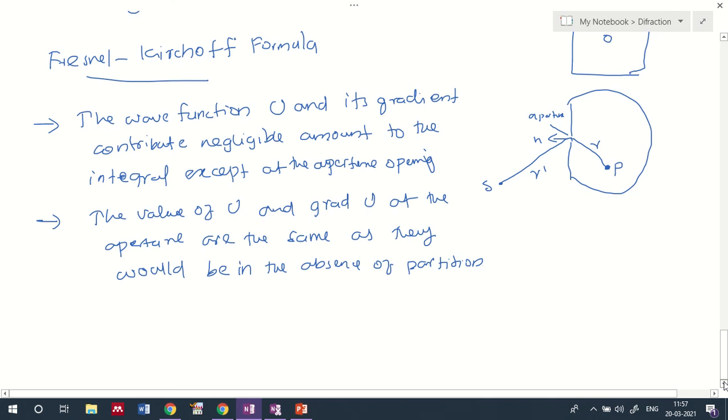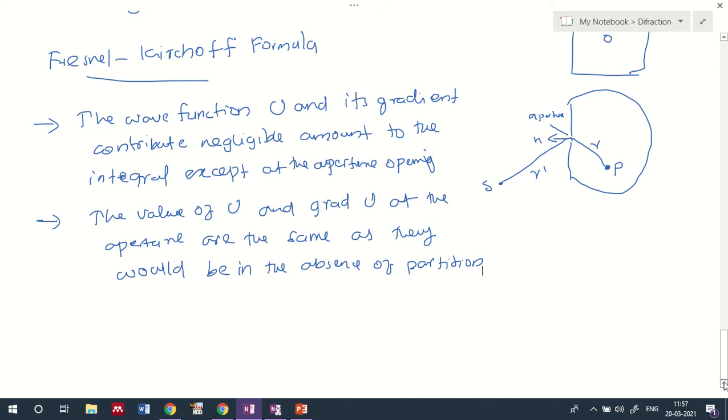The validity of this assumption is debatable, but we'll take it and continue to obtain the Fresnel-Kirchhoff formula.